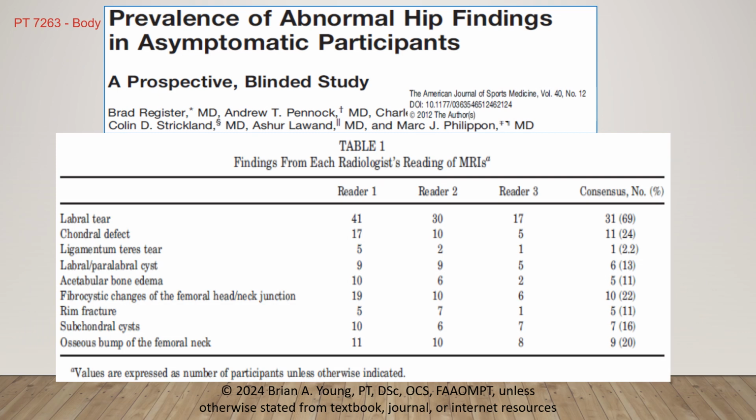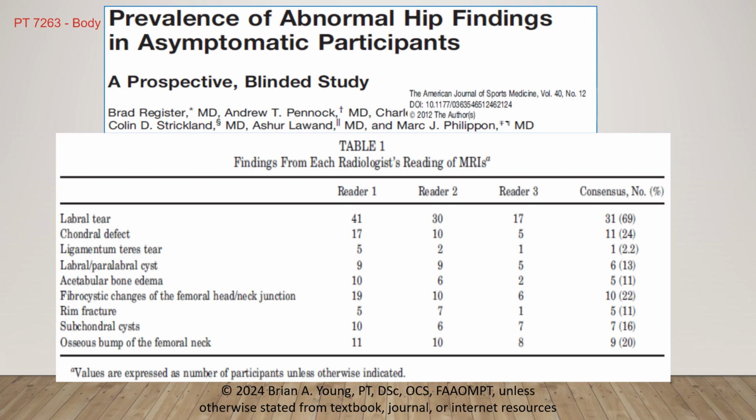So let's switch gears just a little bit and talk about this notion that x-rays provide objective data, but they're not perfect. They're not foolproof. If we just take a look at this study here from Register and colleagues on the prevalence of abnormal hip findings in asymptomatic participants, they had 3 different radiologists review the imaging sets, which were MRIs, and they calculated the consensus, or how much the 3 radiologists agreed on findings.